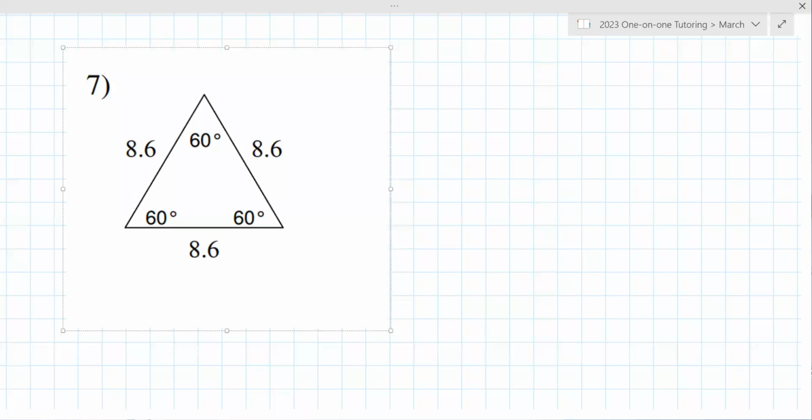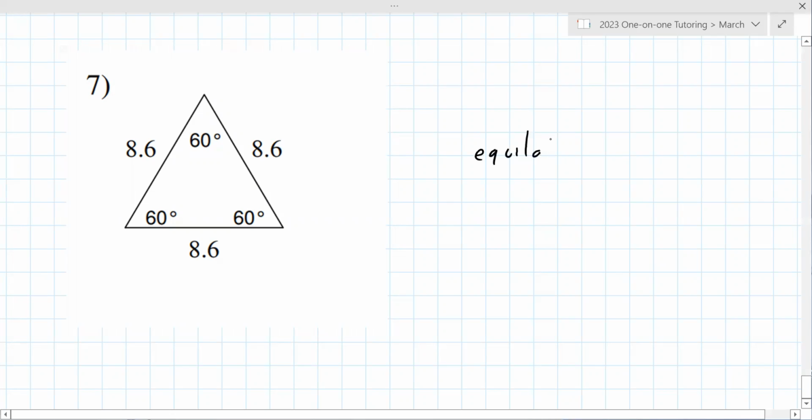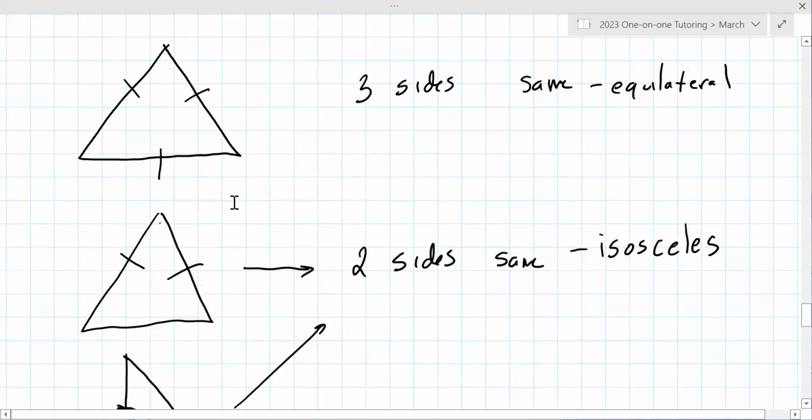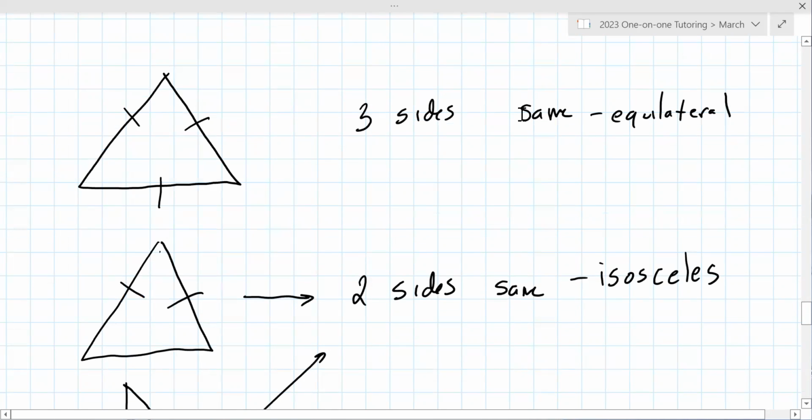Yes. Okay, very good. All right, so what do you notice about the angles in an equilateral triangle? They are all the same. Yes. So we can actually go back and modify our definition. It's not just that three sides are the same, three angles are the same.